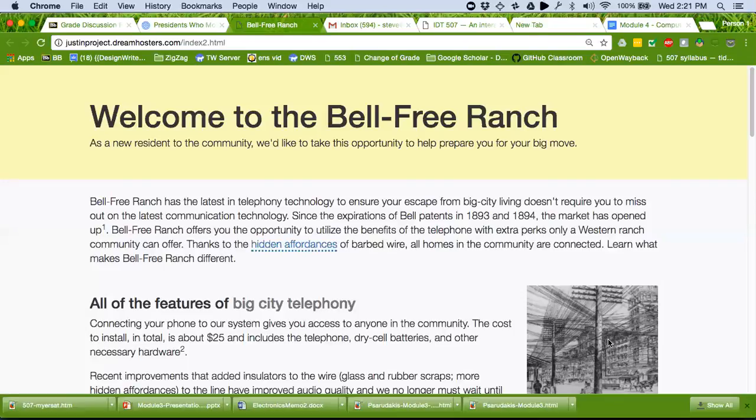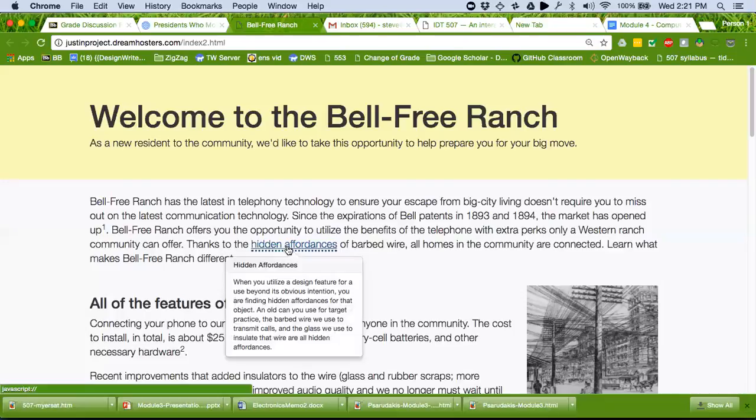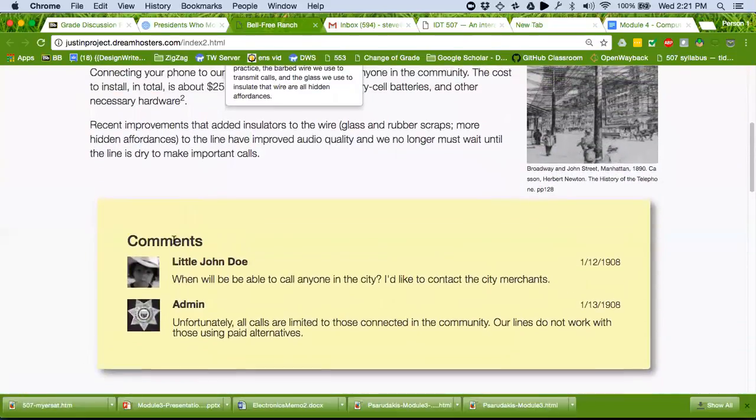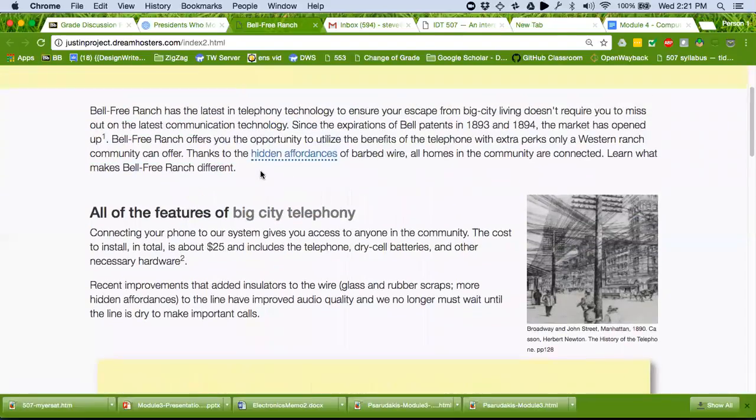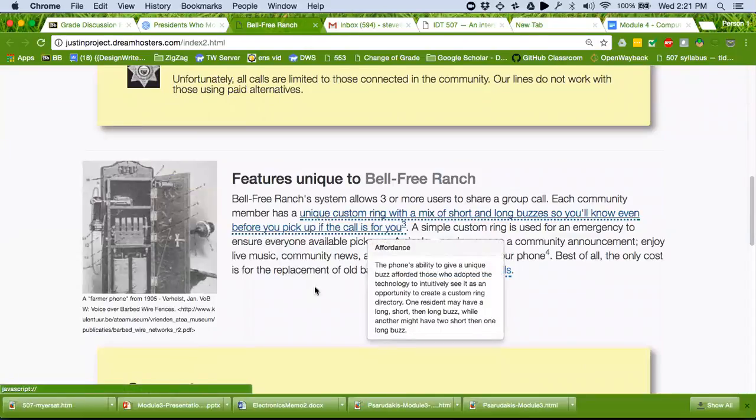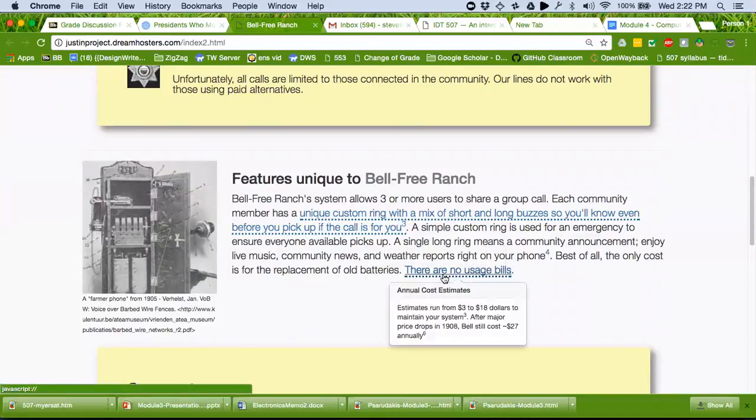So this Belfry Ranch is cool. What I love about this project is that it takes the idea of focusing, in this case on affordance theory, very seriously. You can walk through this project and get these little hits, these little theory buttons, if you will.